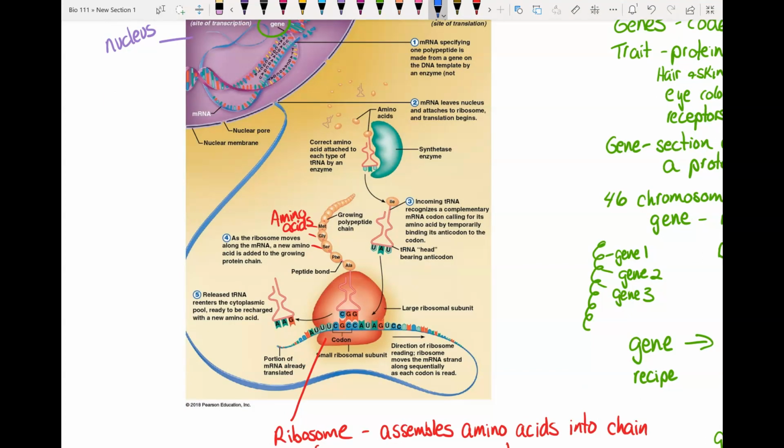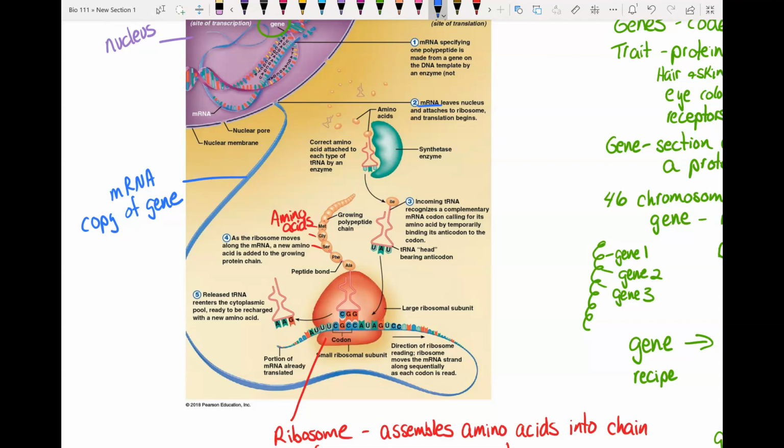So we have here messenger RNA, mRNA. So mRNA stands for messenger RNA. It is a copy of the gene. So you're at your friend's house, you're flipping through your friend's cookbook, you see this really awesome recipe that you want to make. You take out your phone, you take a picture of that recipe.